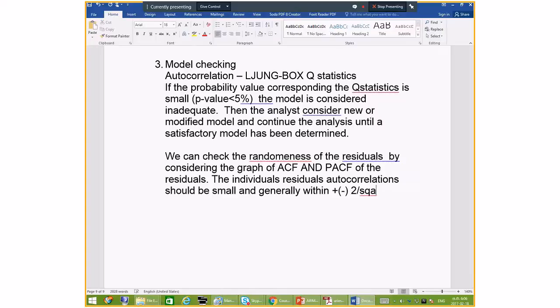Square root of n. In our previous example, this value is 0.25.